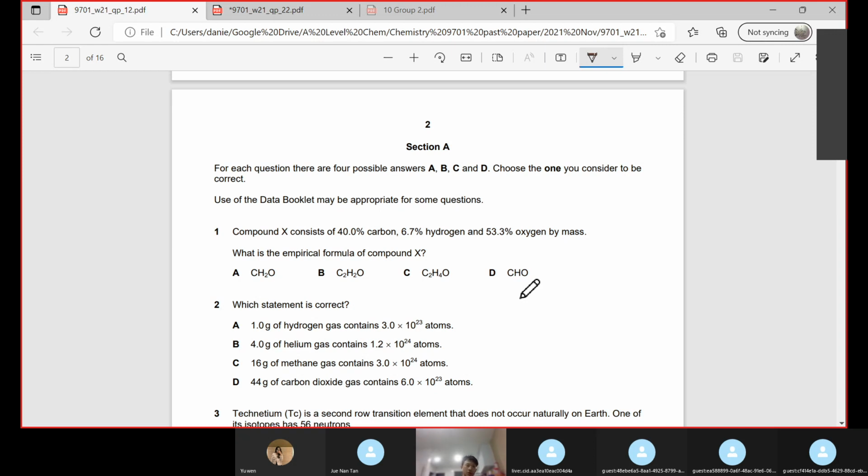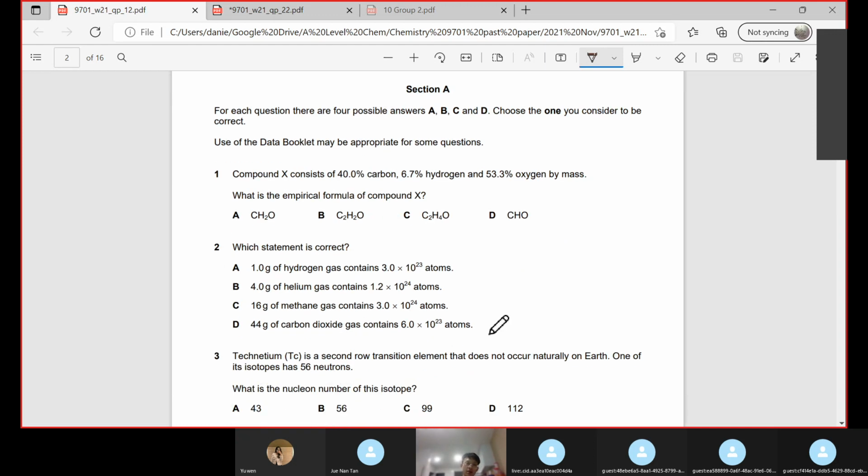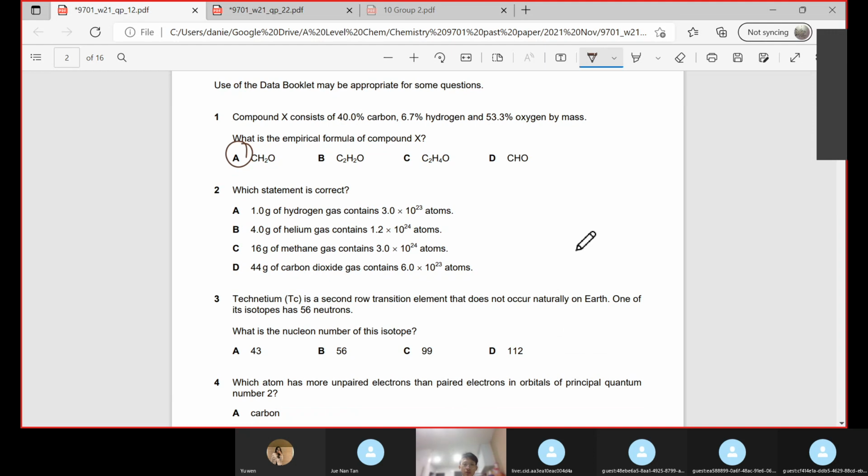For question 1, it is basically very simple. As long as you calculate the moles, you will definitely find the simplest mole ratio. The answer will be A. Question 2: which statement is correct? Here you need to be careful with the terms they are using. 1 gram of hydrogen gas.